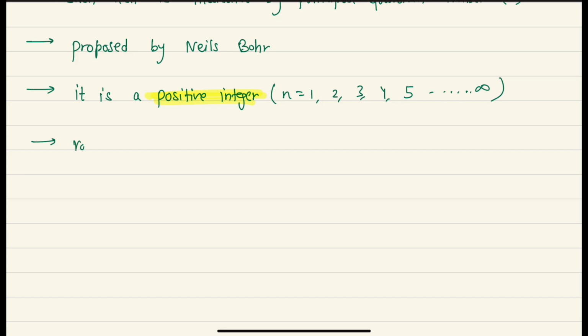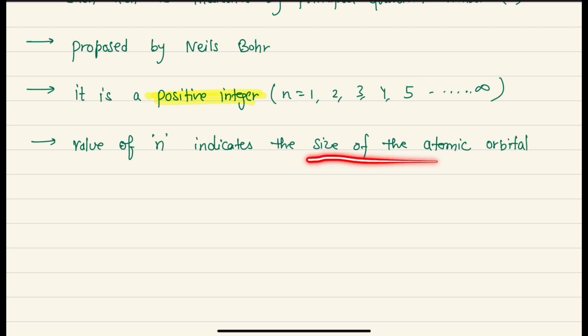Value of n indicates the size of the atomic orbital. We will discuss in more detail how it can affect the size of atomic orbital in the second quantum number, that is called azimuthal quantum number. Okay, clear?